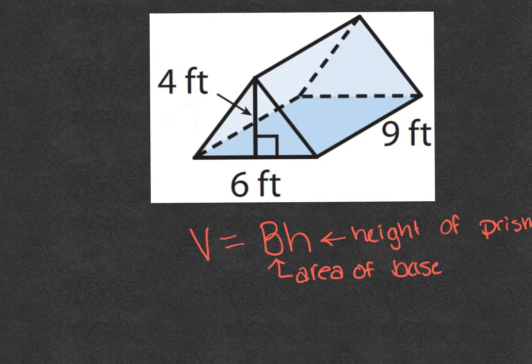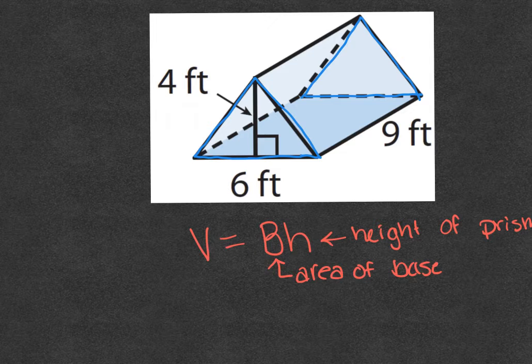There is no top because it goes up in a peak. So we're talking about the base being the shape that's doubled, and it's exactly the same on both sides. So that'll be this triangle at the front is the same exact size as this triangle in the back. And if you had a triangular prism in front of you, you would be able to see that they were exactly the same size. So that's what we're talking about, the base.